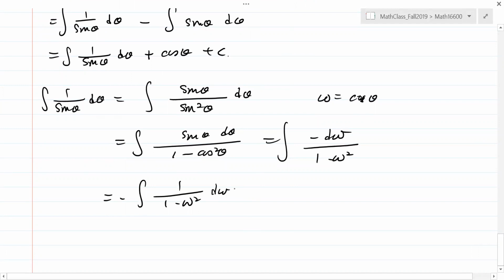Now, there is a formula for this: the integral of 1 over 1 minus w squared. It's like the inverse of hyperbolic tangent. Do you remember that? Yes or no? What is the derivative of the inverse of hyperbolic tangent?